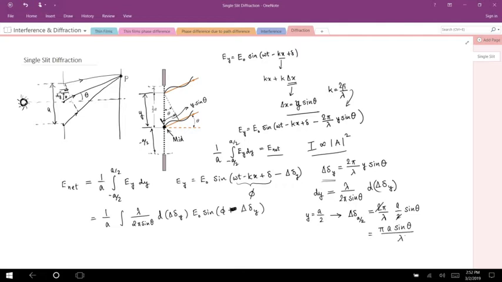And so you can see that if y was plus or minus a over 2, that's just going to give you delta delta of plus or minus a over 2. The only thing that will change is the sign of this quantity: it's going to become plus or minus pi a sine theta over lambda. So let's plug that back in here. What I should be integrating from is delta delta minus a over 2 to delta delta plus a over 2.